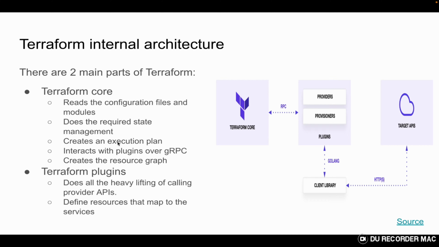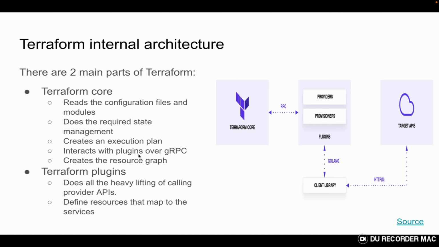Then it also creates an execution plan. When you plan your Terraform deployment, how the configuration will affect your infrastructure, what all resources will be created, updated or destroyed, that part is written in the execution plan. So Terraform core helps you to create the execution plan.